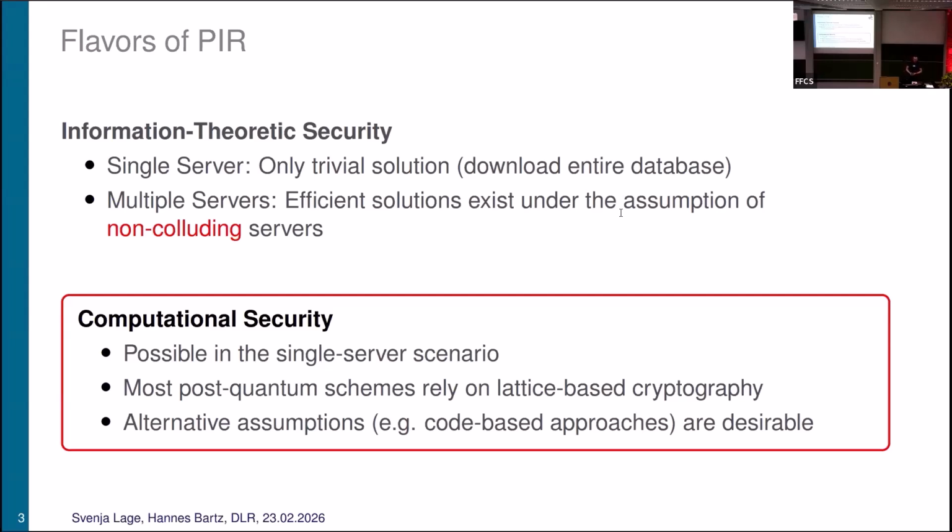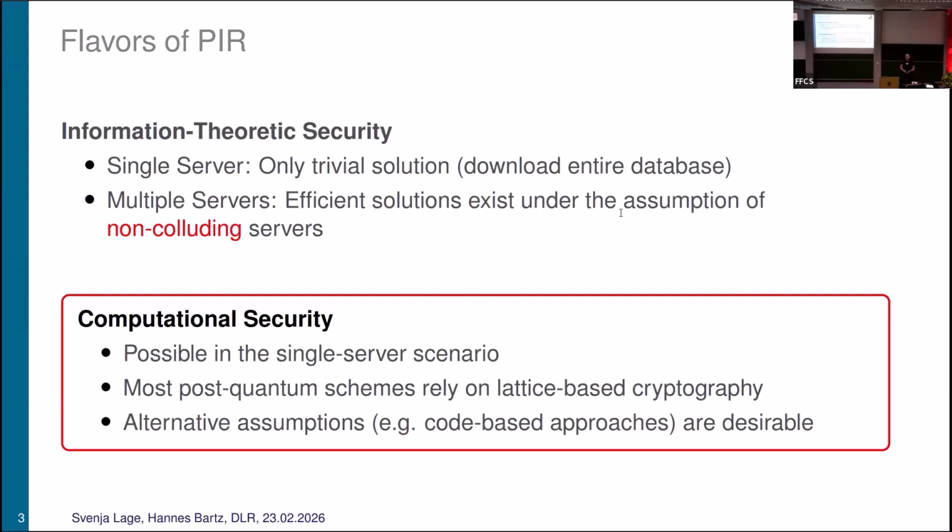This is possible in the single server scenario, which is also the one where we don't have an efficient information theoretic solution. And we can also think about the latest developments, namely to think, in the context of asymmetric cryptography, about quantum resistant or post-quantum cryptographic schemes.